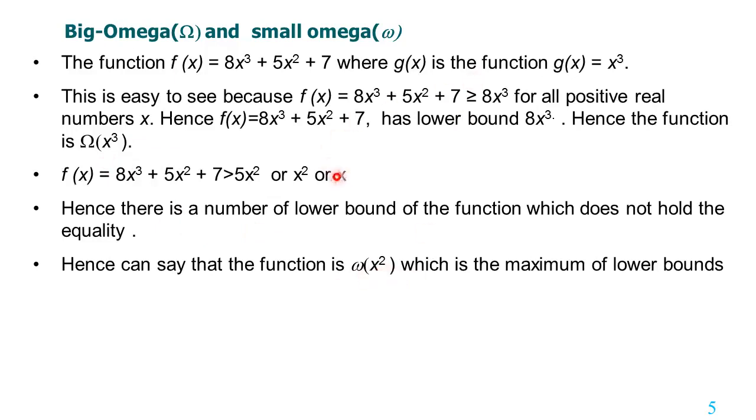Since x square is the maximum of the lower bounds which does not hold the equality. Here we do not take x cube, since it holds the equality sign, and we cannot take x, since it is not the maximum value. In this way, small omega(x square) is defined, where the function f(x) should be greater than the value.